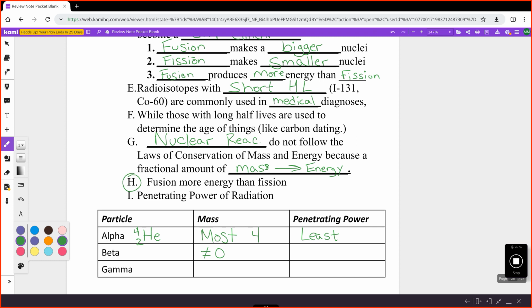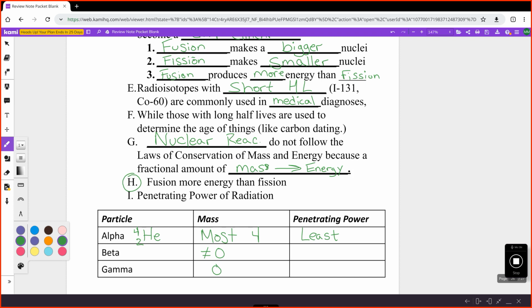But since it's so small, it's insignificant, and for the sake of this level of chemistry, we just call it 0. But they do have mass, which is why they don't have the least amount of mass. That belongs to gamma. Gamma has the least. It is 0. There is no mass to a gamma radiation. Gamma radiation is just energy.